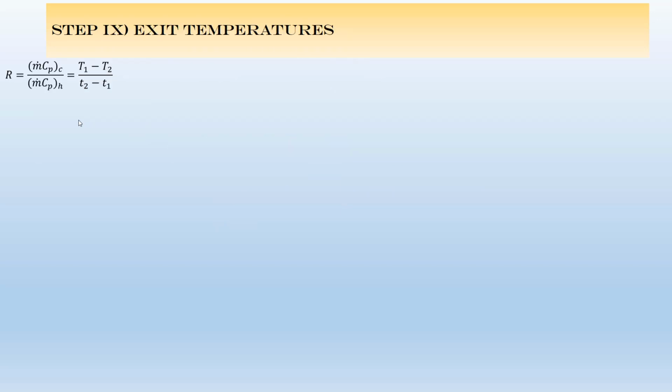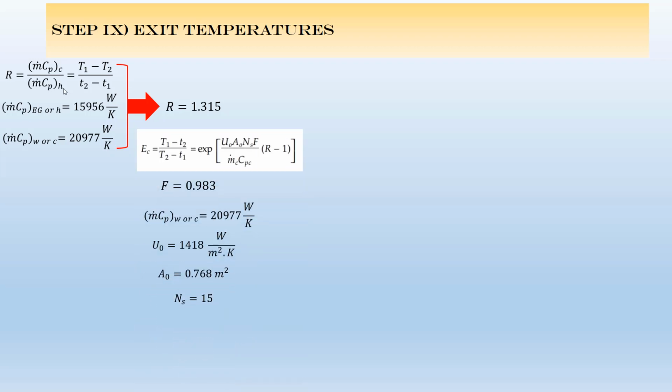Then to find the exit temperatures, you have the case with two unknown temperatures. So you need to find R by using the M dot CP for the cold fluid and hot fluid. You have this information, so you can find R. Now that you have R, you need to find EC. To find EC, we already determined all the parameters. If you substitute here, you can find EC.